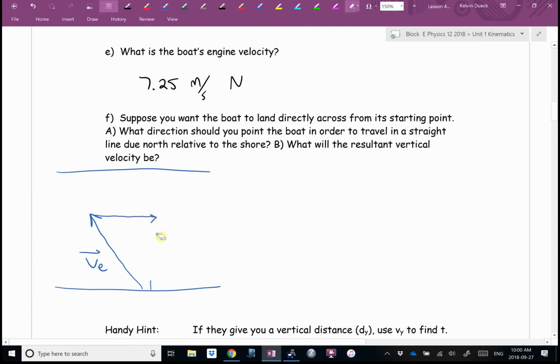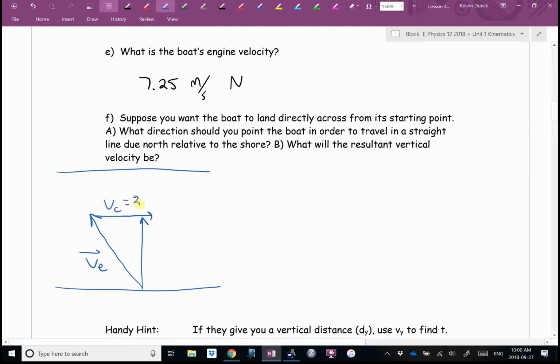And that gives me, I went a little too far. About there. And that gives me a resultant due north. What was the current? I've forgotten. No, what was the current? Hannah, what was the current? It was 3.38.